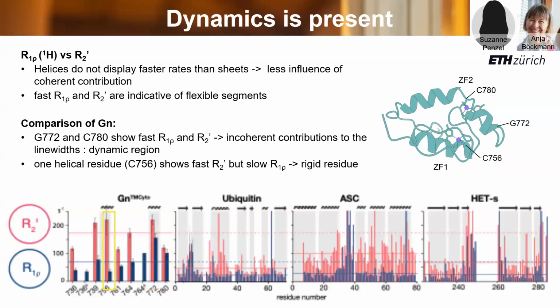And in contrast, for example, for this residue 756, we see that it has a fast R2' but a very slow R1rho, which indicates that it's a rigid residue. And actually, it's in the first zinc finger, which is then rigid. So overall, this analysis showed that the sample inhomogeneity is the main contribution to the line width, but dynamics is present, and the second zinc finger here is dynamic.